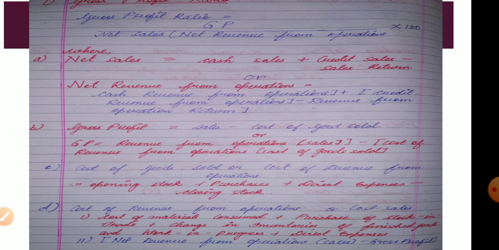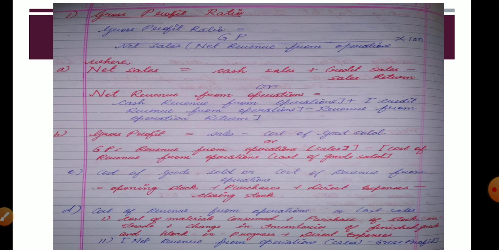The cost of material consumed plus purchase of stock in trade plus change in inventories of finished goods and work in progress plus direct expenses. And the second is net revenue from operation, that is sales less gross profit. These are the alternative formulas which are used in calculation of gross profit ratio.